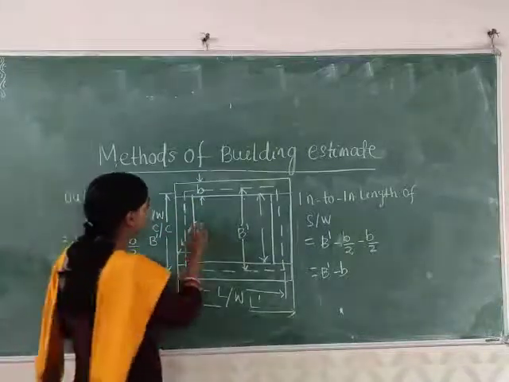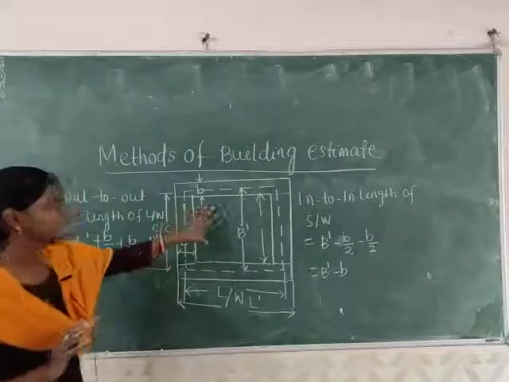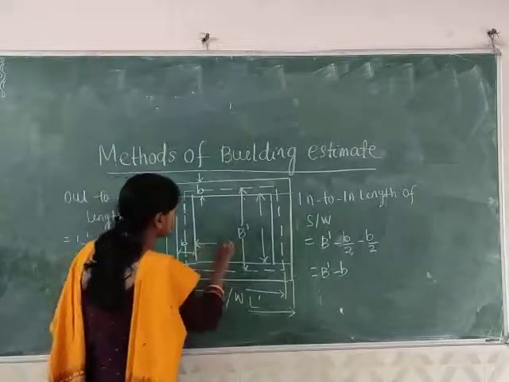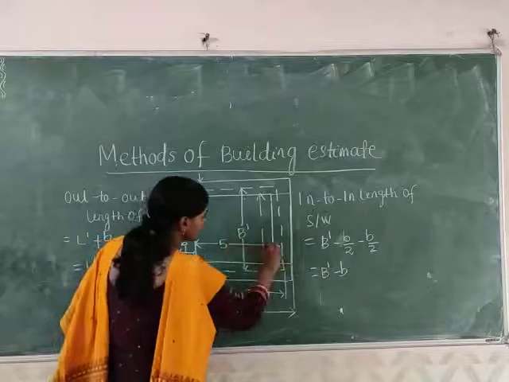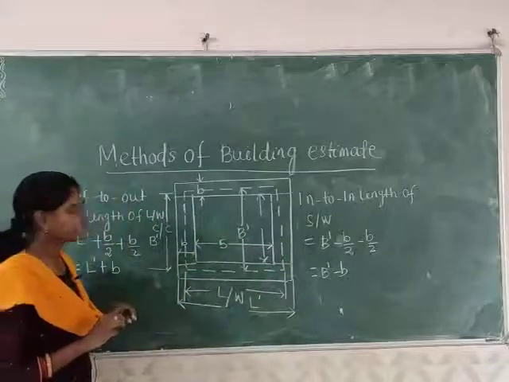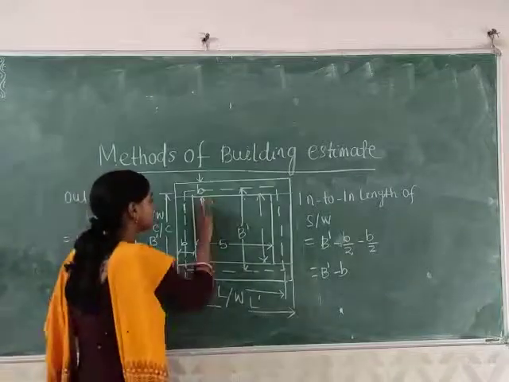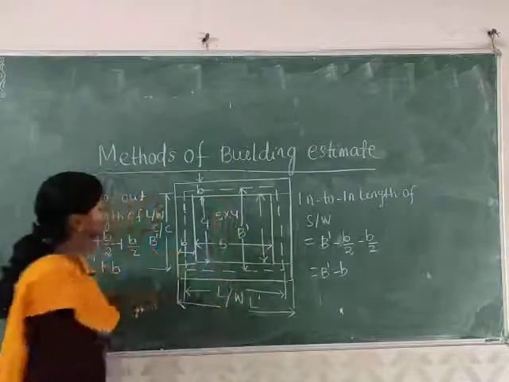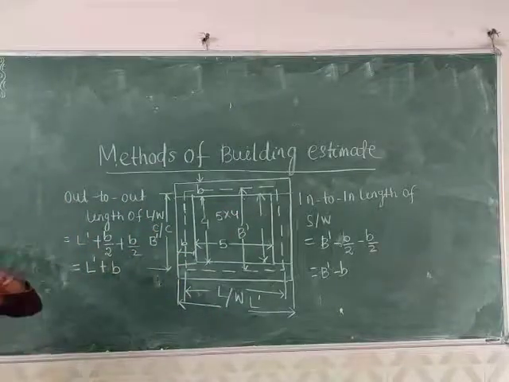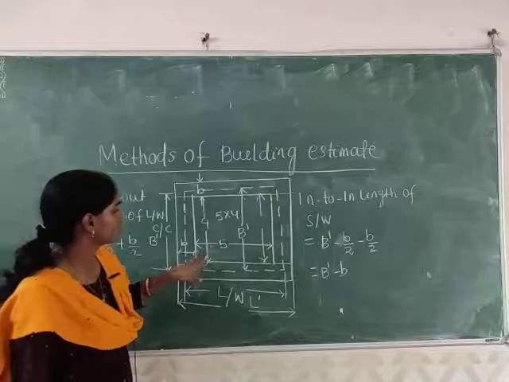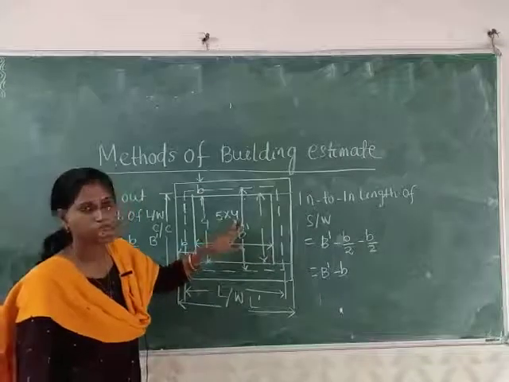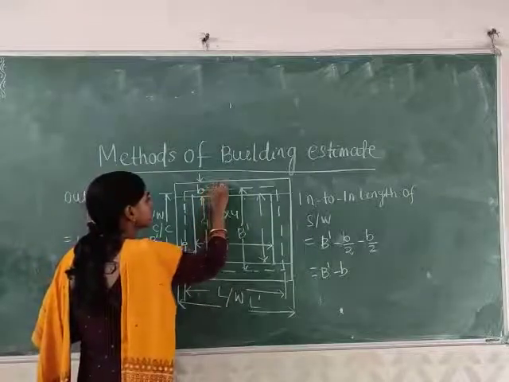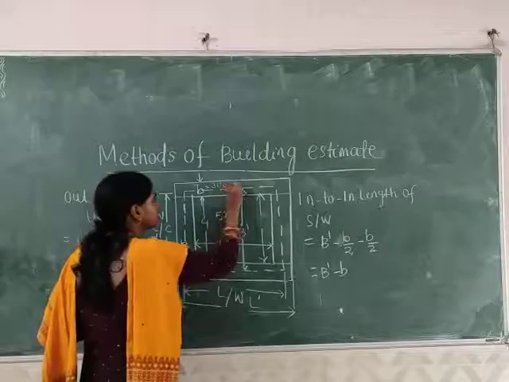For this we will take the same plan and consider the inside dimension of the room as 5 meter by 4 meter, and take the wall thickness as 30 centimeter.